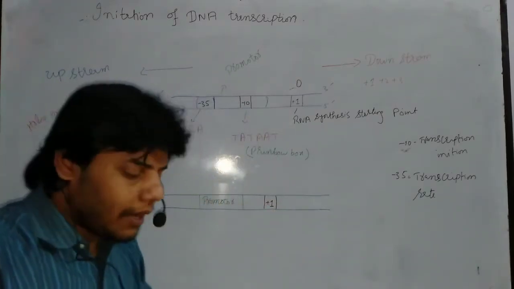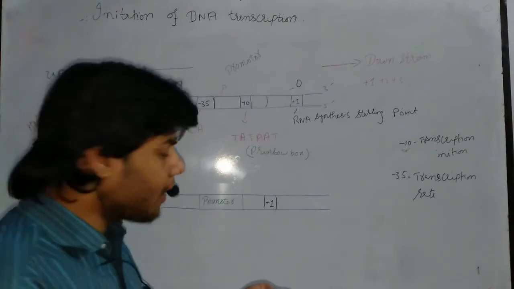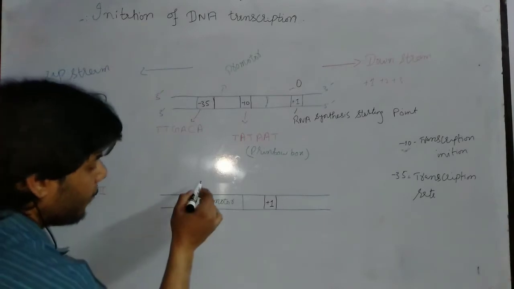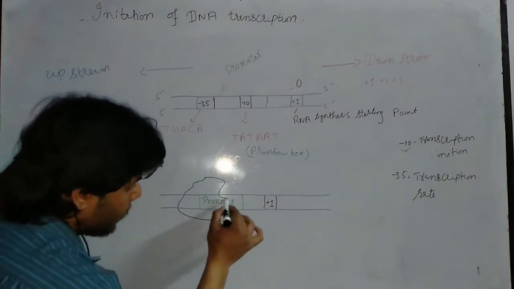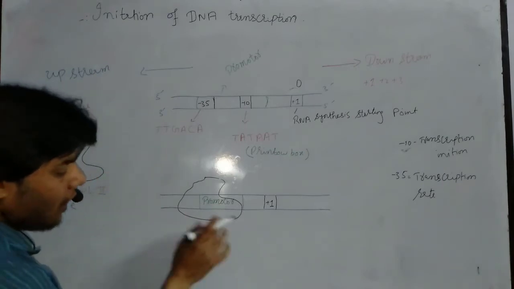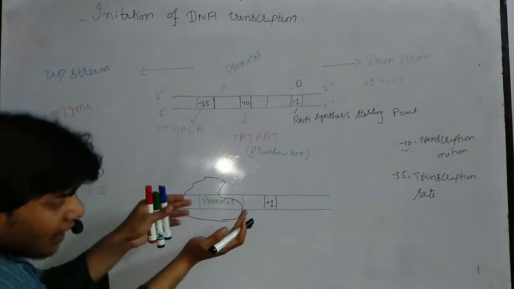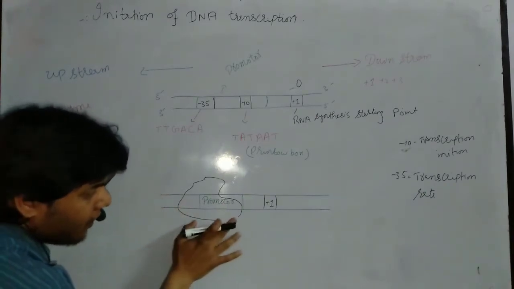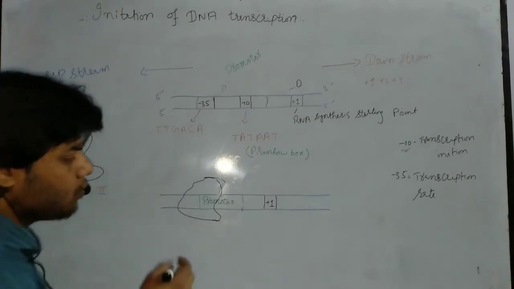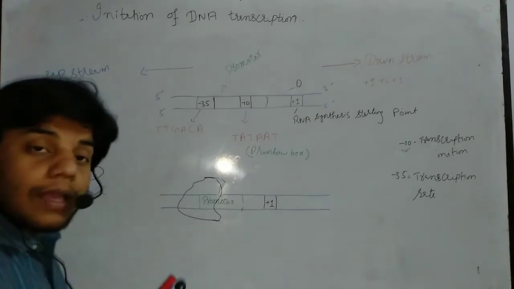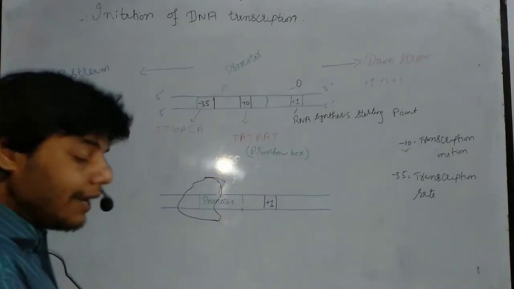Now, sometimes what actually happens? Most of the time the RNA polymerase 2 will bind here, as you can see. Let's suppose this is the RNA polymerase 2, bound not at the promoter region, but before it, somewhere at that specific position. Now after that, it will need a factor.